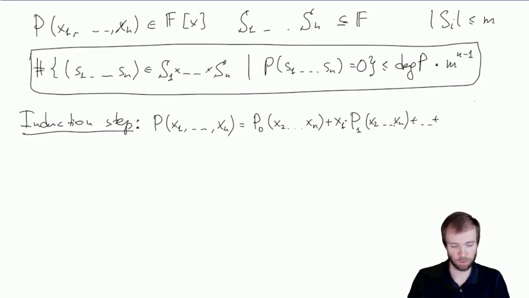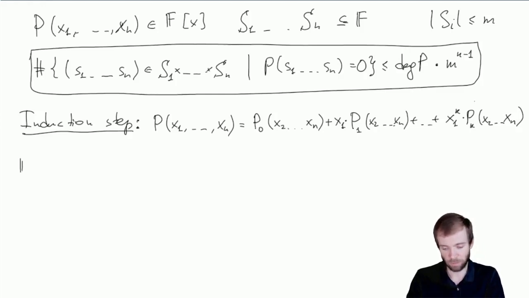So the last portion of monomials, they contain x1 to some degree k, and we take x1 out of them, and they will be grouped together and called a polynomial pk that just contains variables x2 through xn. So now let's estimate the number of tuples s1 through sn such that p vanishes on these tuples.